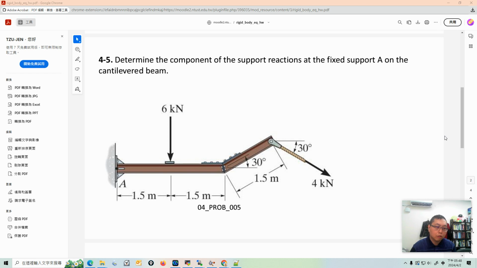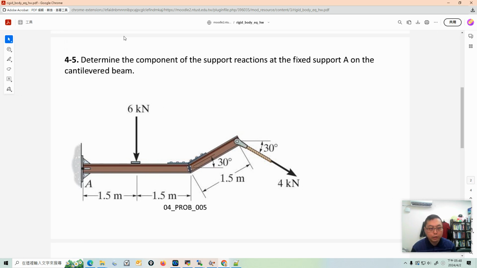Everything is static: rigid body equilibrium, no translation and no rotational motion. So in 2D we have three equations: summation Fx equal to 0, summation Fy equal to 0, and summation moment also equal to 0. That's what we're going to use.